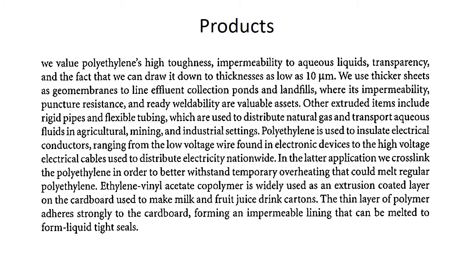So this kind of thing can help to decide which kind of uses we can employ for these polyethylene chains or polymers. The thin layer of these polymers adheres strongly to cardboard, forming an impermeable lining that can be melted to form liquid tight seals.